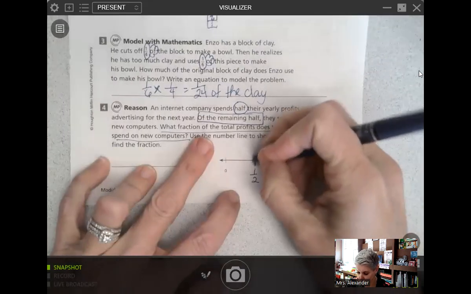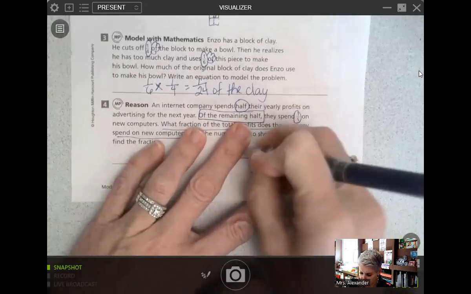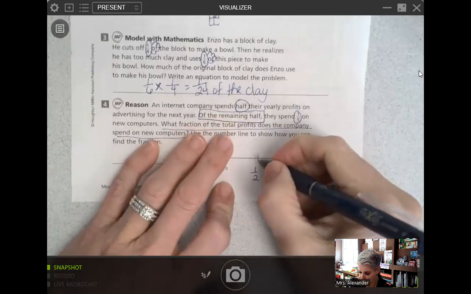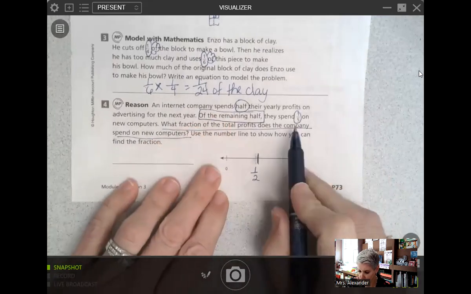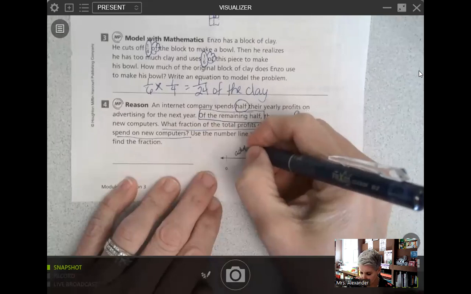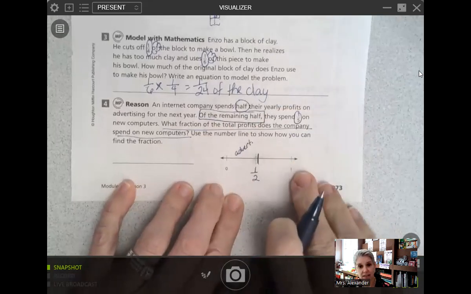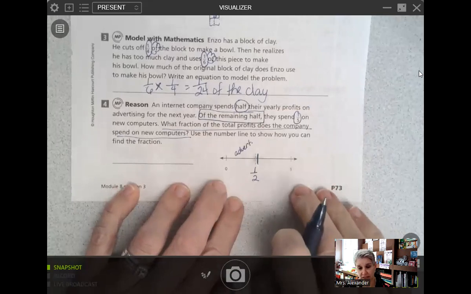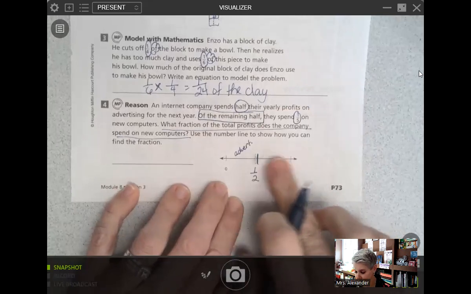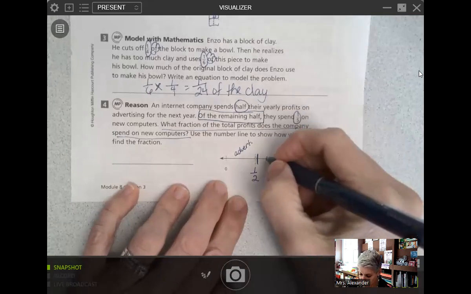Remember, it doesn't have to be perfect, but I'll move it over a little bit. There's our 1/2. So this is what they're spending on advertising, and I could label that as advertising. Here's the remaining half. They're spending 1/5 of this remaining half on their computers. So 1/5 of that.